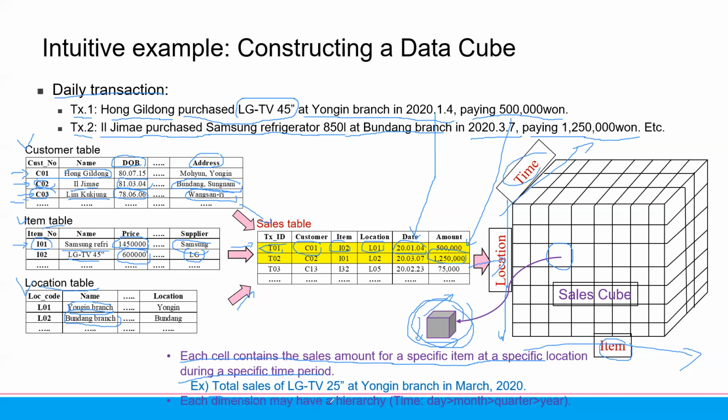Maybe the total sales of LG TV 25-inch at Yongin branch in March 2020. Okay, so it's called a data cube. And each dimension may have a hierarchy. So we have day, month, quarter, and year.